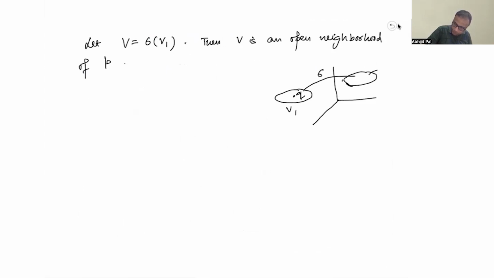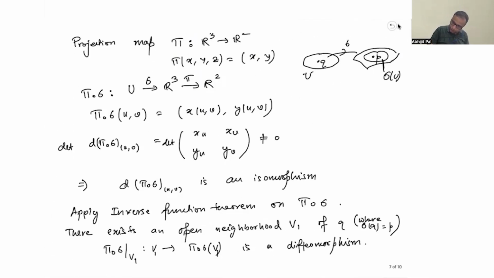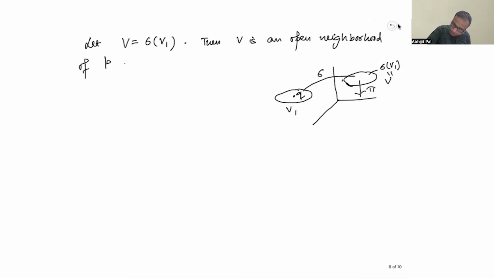So this is my sigma of B1, which is equal to your B. Okay, and then you are taking the projection. So this is my pi.